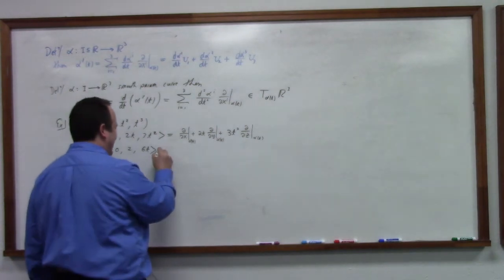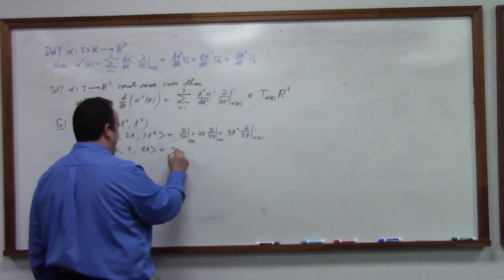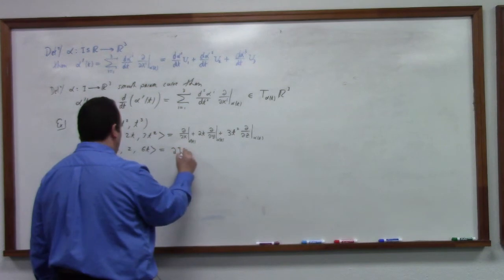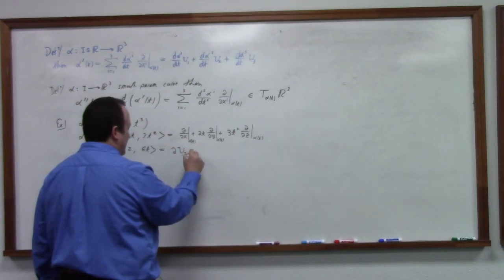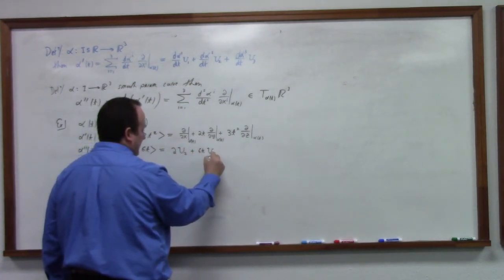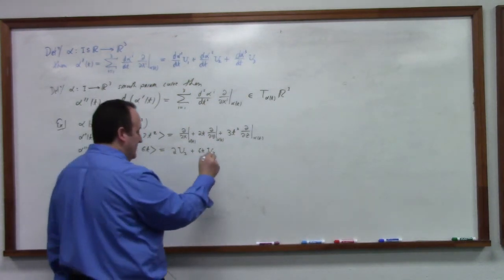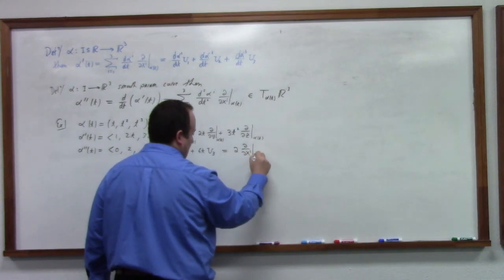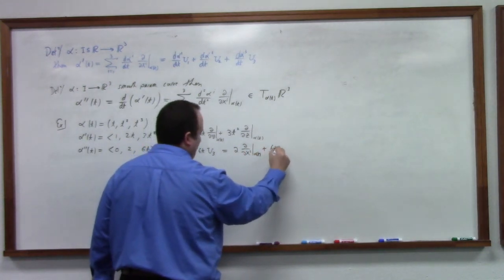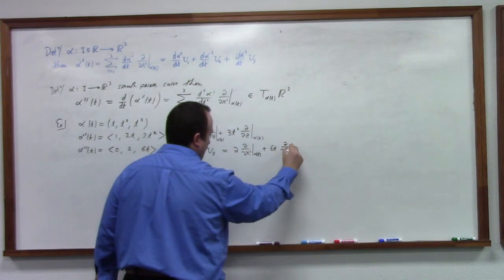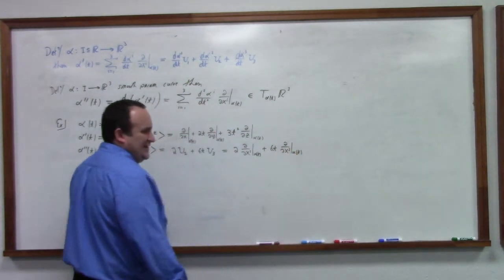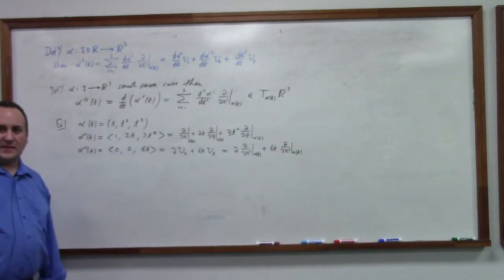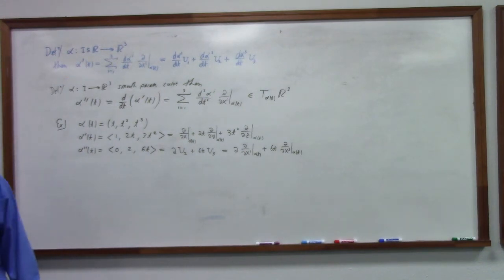So you can see why he likes to write 2u2 plus 6t u3 here. Writing 2 partial x2 at alpha of t plus 6t partial x3 at alpha of t is kind of obnoxious. It does say exactly what's going on, but it comes at the cost of a lot of writing.